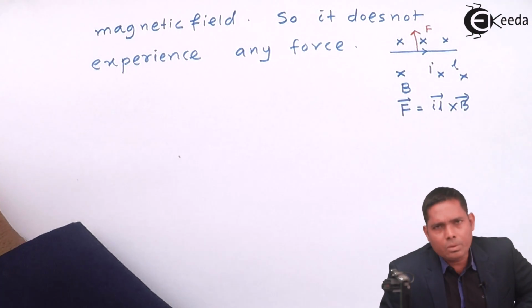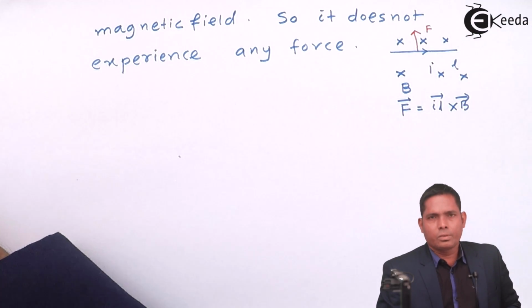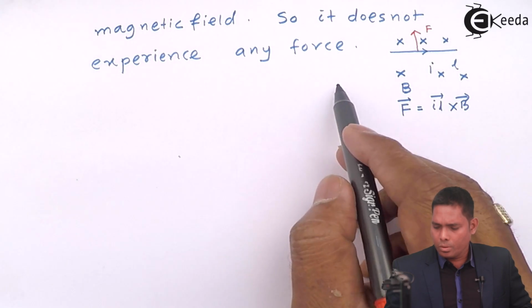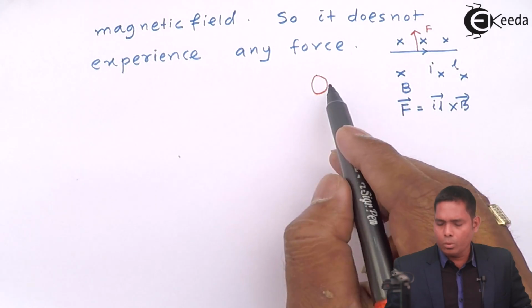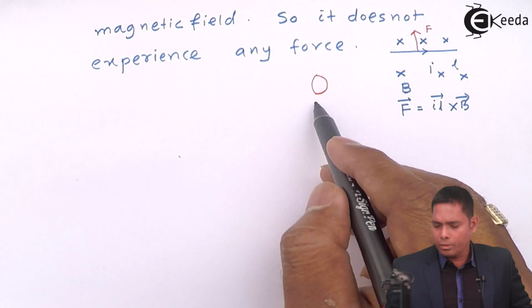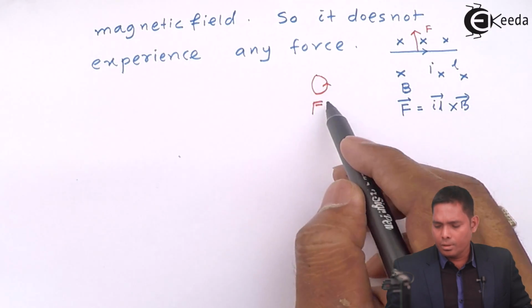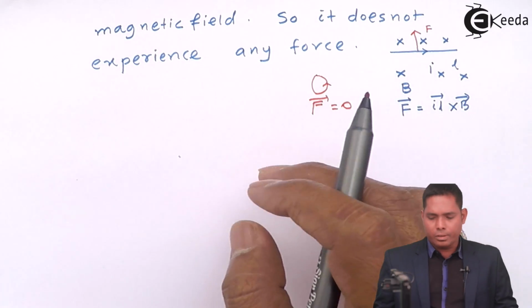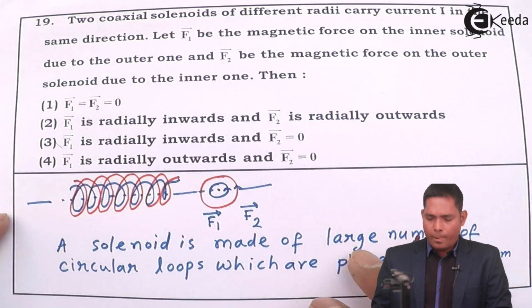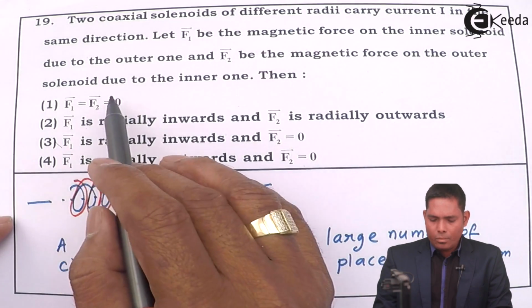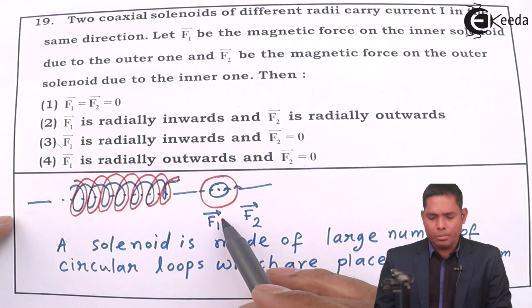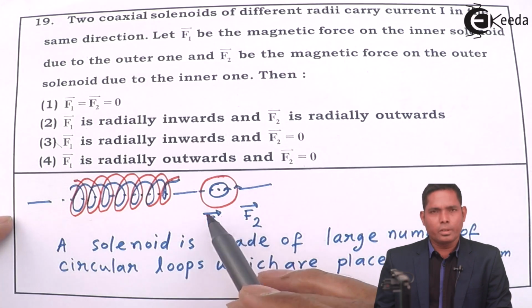Now, what happens in the case of a circular loop is that because of symmetry, the forces will cancel out. So that means the net force on a loop is 0. If I see the options, both the forces will be 0 because it is a circular loop.